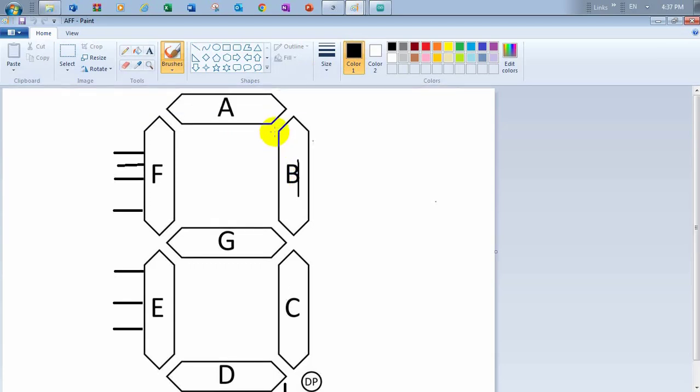That's A, that's B, that's C, that's D, that's E, that's F, and the one located in the middle is G. And each leg of this 7 segment display is connected or linked with one of these segments, because in these segments there are LEDs, like that.